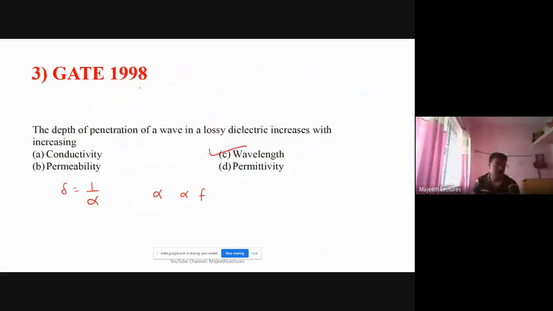So when alpha is directly proportional to frequency, this indicates del is inversely proportional to frequency. Right? We know C is equal to f into lambda. So this implies f is equal to C by lambda.